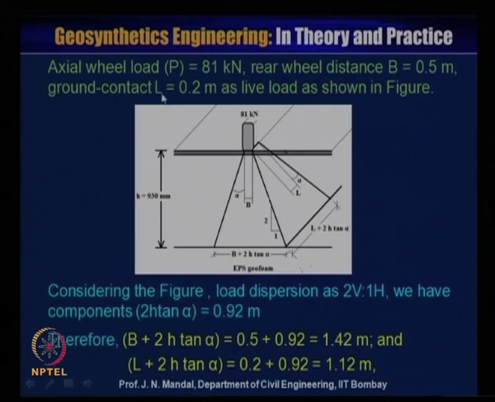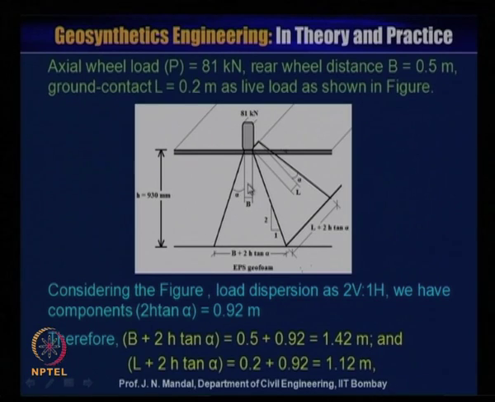Now, axial wheel load P here is 80 kilonewton, the rear wheel distance, this is B, is 0.5 meter, and the ground contact length, this is L, is 0.2 meter, as the live load shown in this figure. The thickness we considered, H, is 930 millimeter, and this angle is alpha.